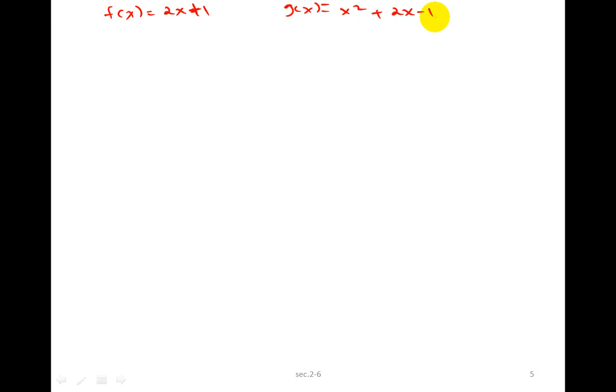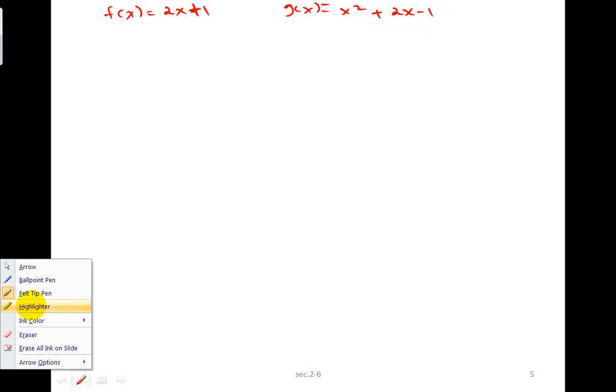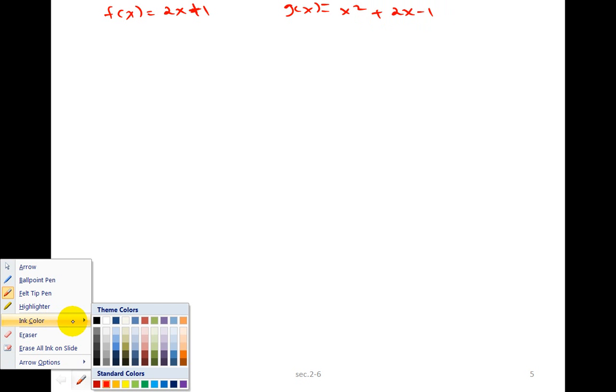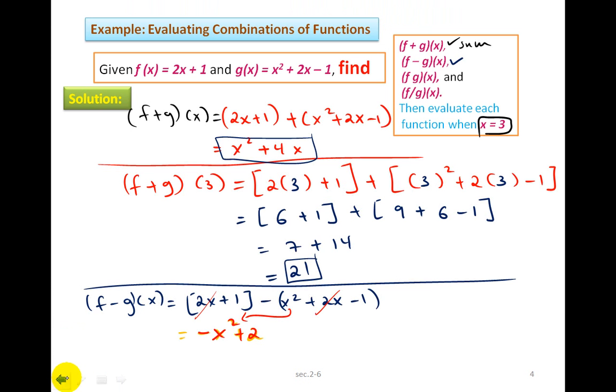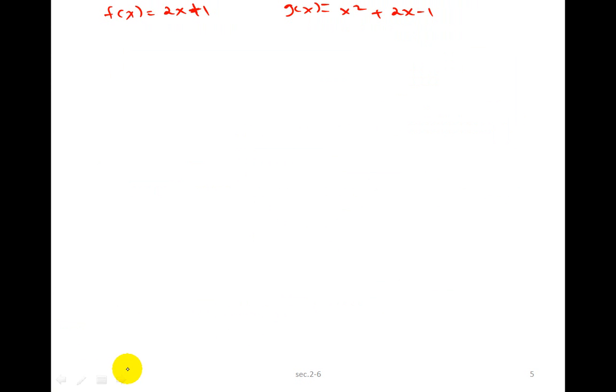Okay, so f of x is 2x plus 1 and g of x is x squared plus 2x minus 1. Now let's see, where did we stop the last question? We're talking about the difference, but I still didn't replace the x by 3.